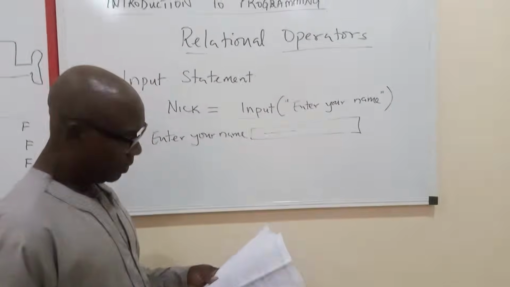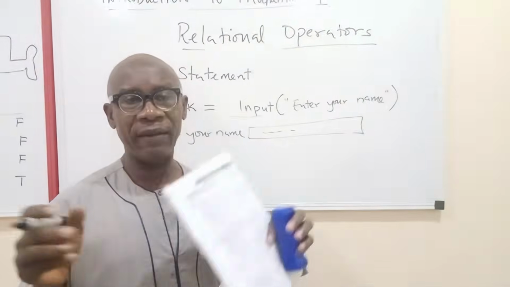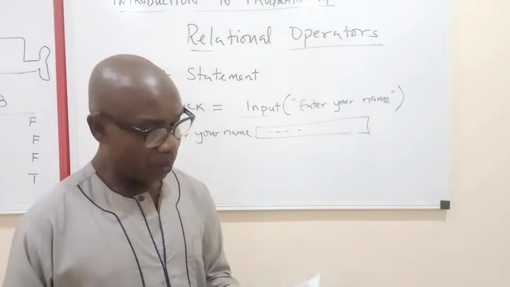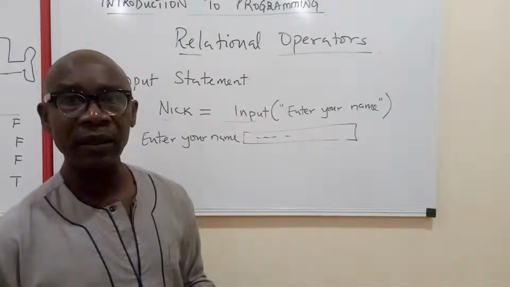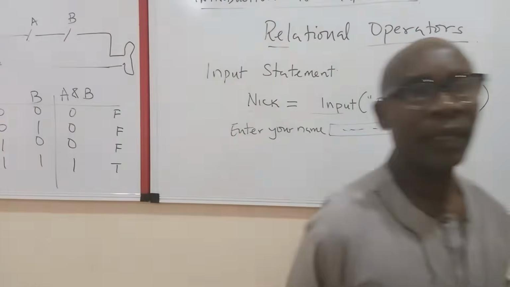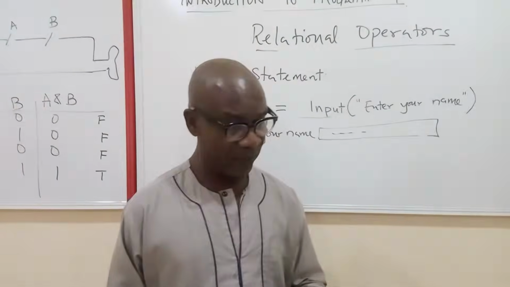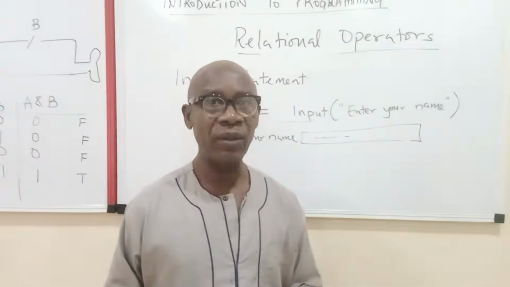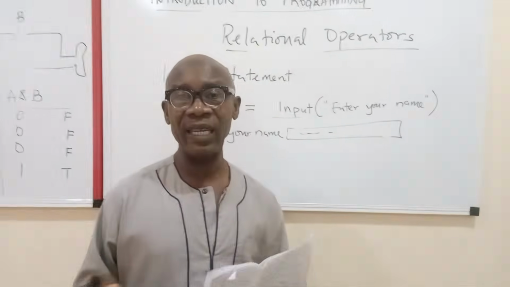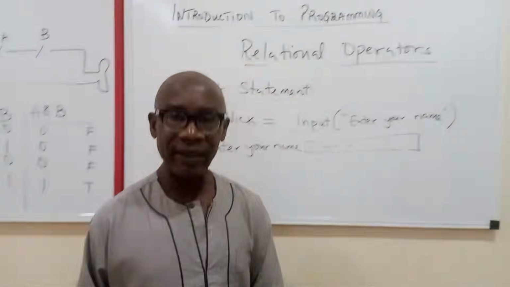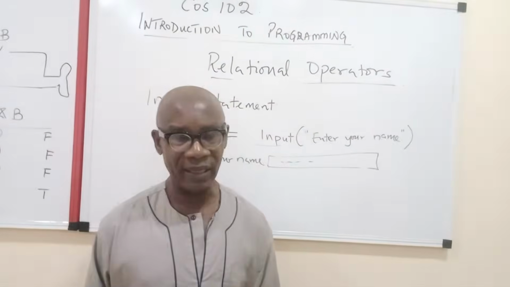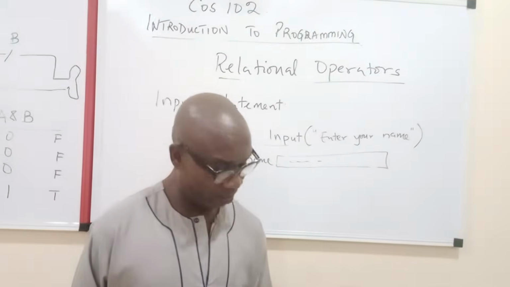So at this point, we would like to wrap up what we have done so that we will continue in the next video. Going back, we talked about variables, what a variable is, and how the variable value changes. We looked at the assignment operator, the comparison operator, and the relational operators: greater than, less than, greater than or equal to, less than or equal to.